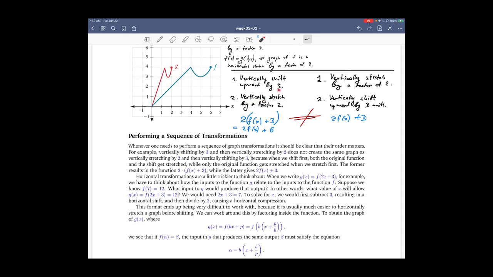We were actually shifting by 3, but when you apply a stretch, the shift is now by 6, not by 3. Whereas this does not happen when we stretch first and then shift. In principle, you can go either way, but you have to be aware that the order of shifting and stretching is very much important.